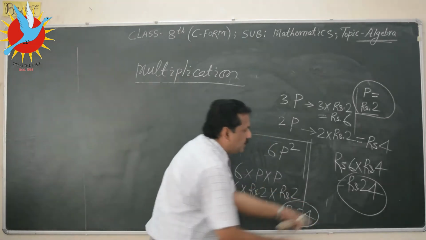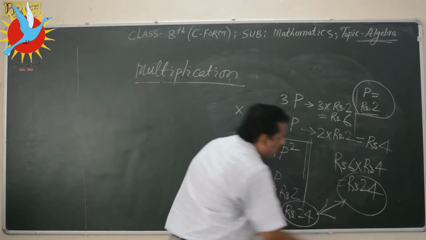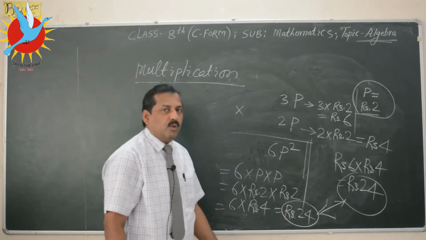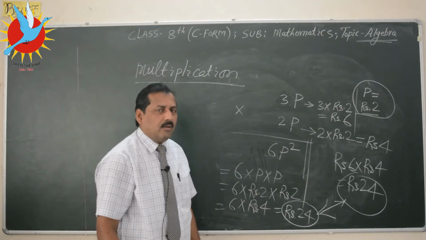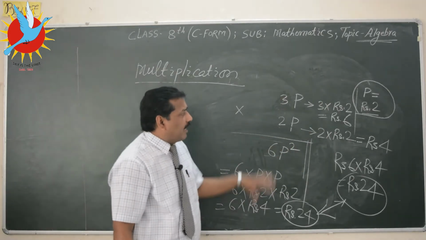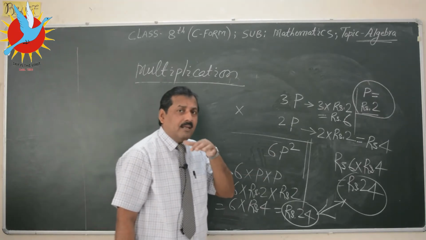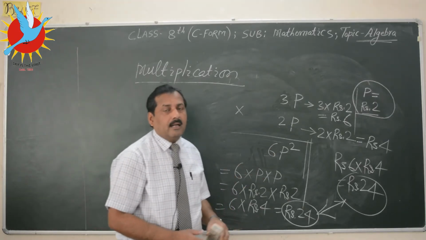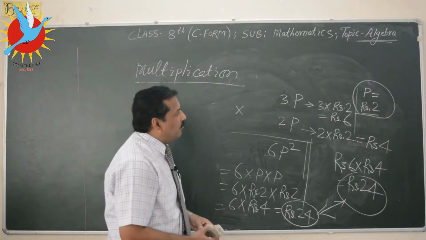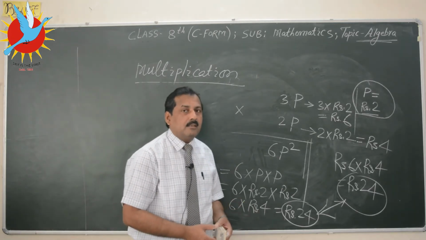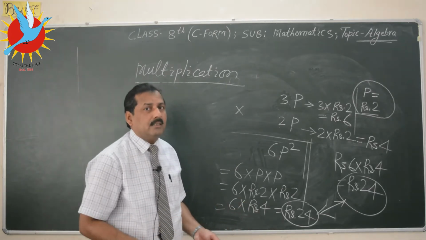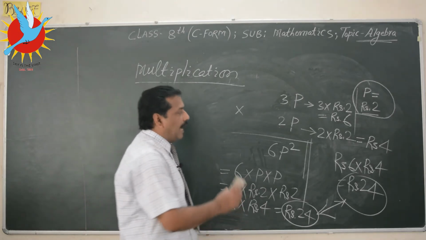So compare these two. Both are the same. We are getting the same result. So algebra is simply translating the real life situation in the form of different expressions by using different notations, symbols, numbers, signs.